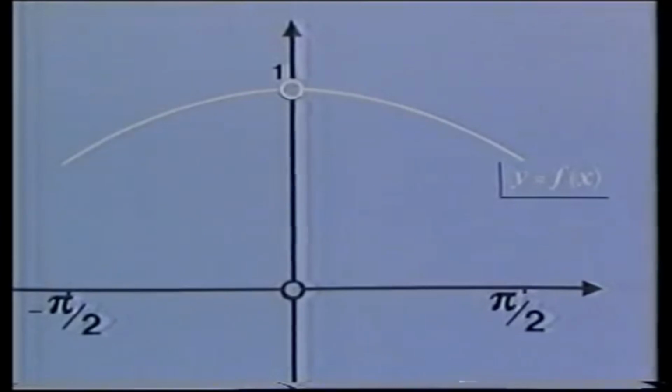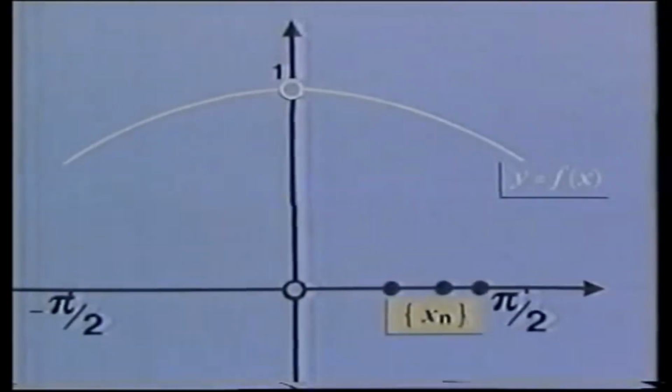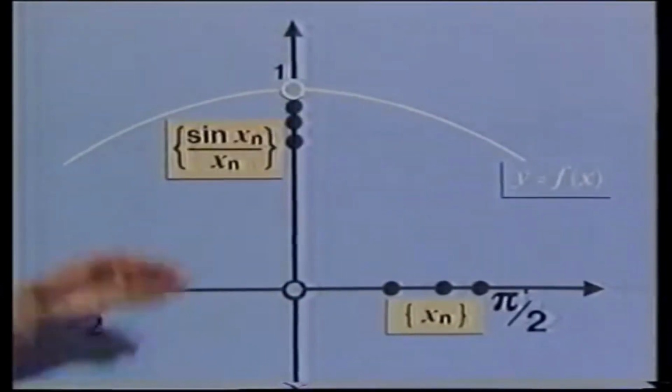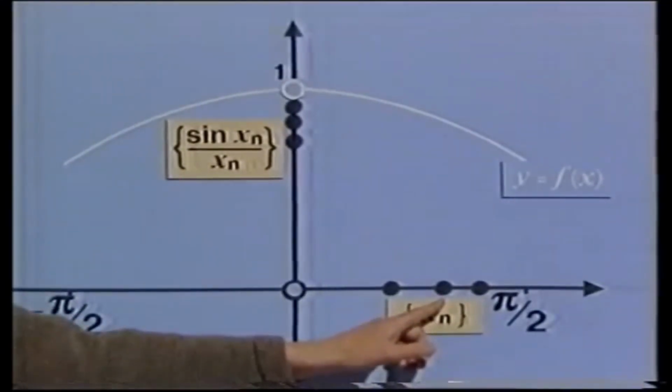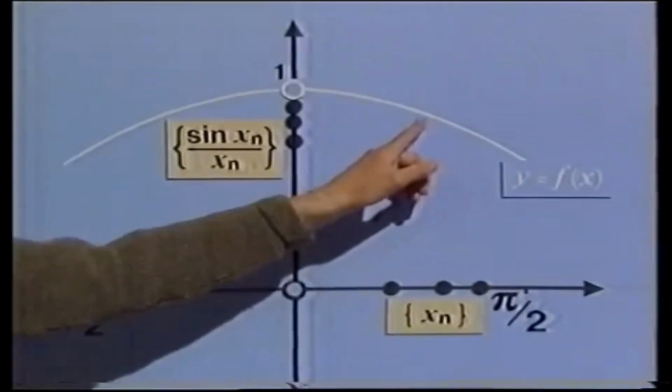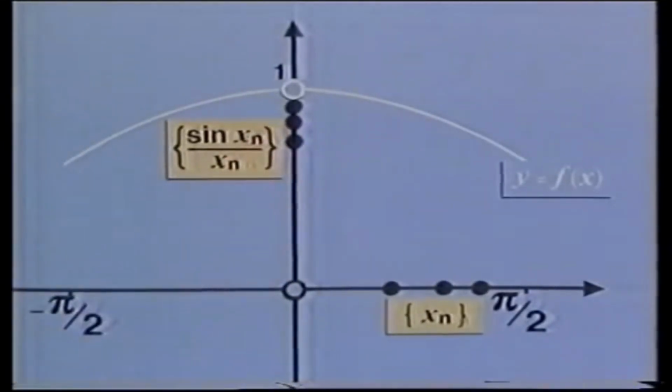So it does seem that if you have a sequence xn tending to 0, the corresponding sequence sine xn over xn tends to 1. Each term of the sequence xn has its corresponding value sine xn over xn. How do we prove that, though?